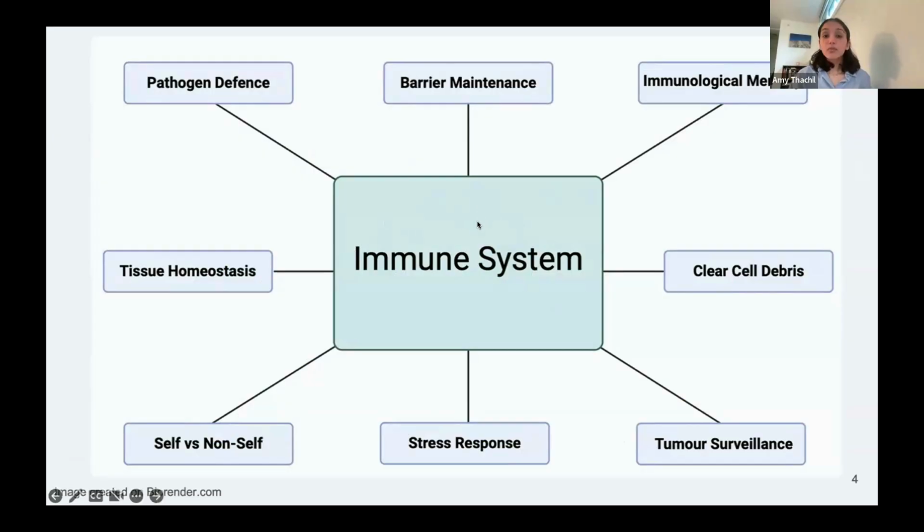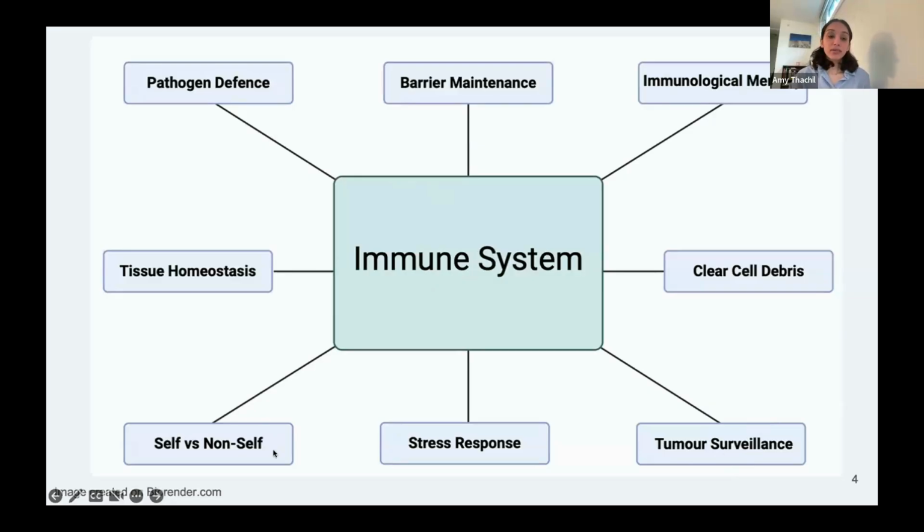I'm sure many of you know one of the primary responsibilities of the immune system is to protect us against external pathogens. So these are things like different bacteria as well as viruses. The immune system also keeps us safe from certain diseases, such as cancer. And in order to do all of this, one of the primary tasks of the immune system is to be able to differentiate between self versus non-self.